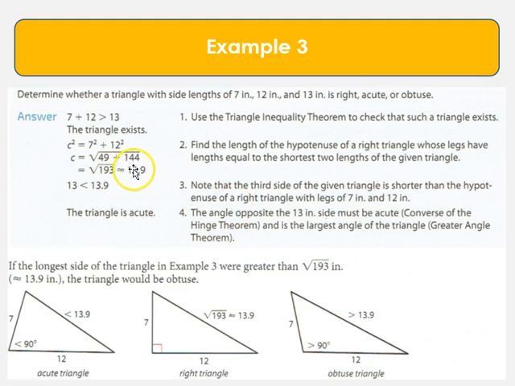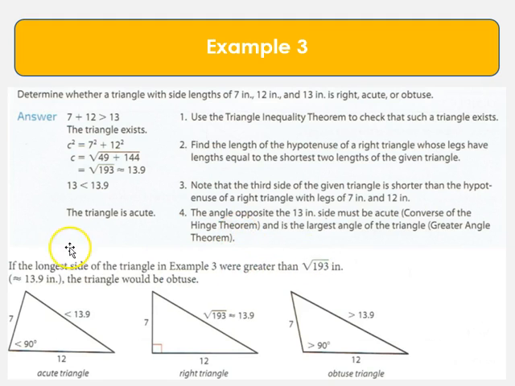They would have to be equal for this to be a right triangle, so it is not a right triangle. The triangle is acute, because the angle opposite the 13-inch side must be acute. And that's the converse of the hinge theorem.